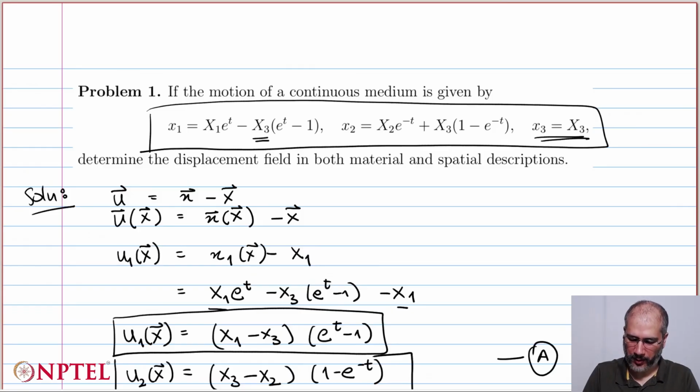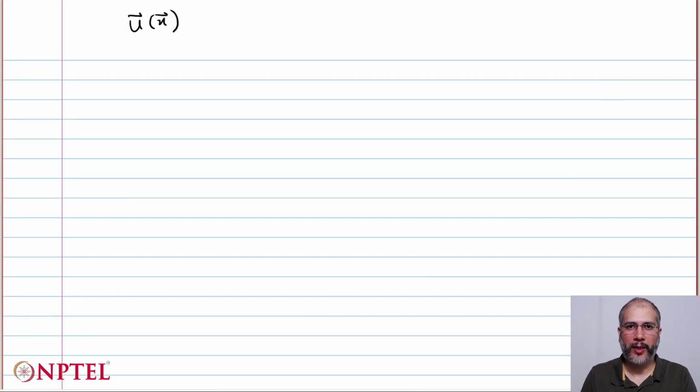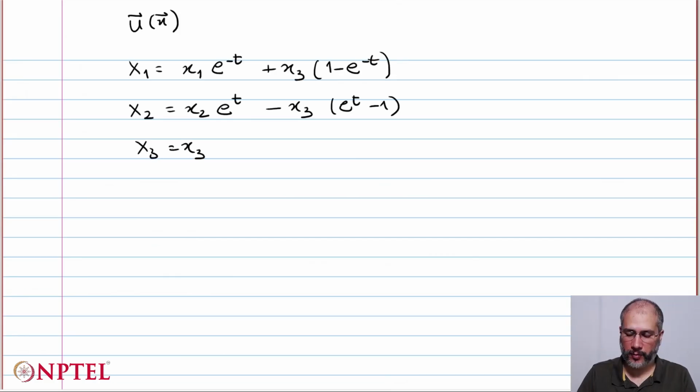And since capital X3 is small x3 in these two equations, I can easily write capital X1 in terms of small x1 and small x3, and capital X2 in terms of small x2 and small x3. When we do that, we get the following chi inverse function, and this we will call the set of equations B.